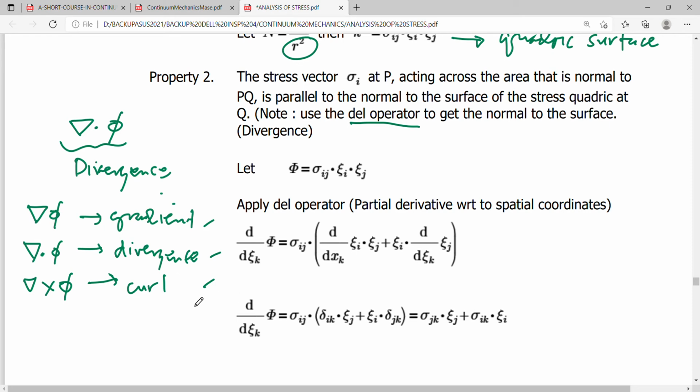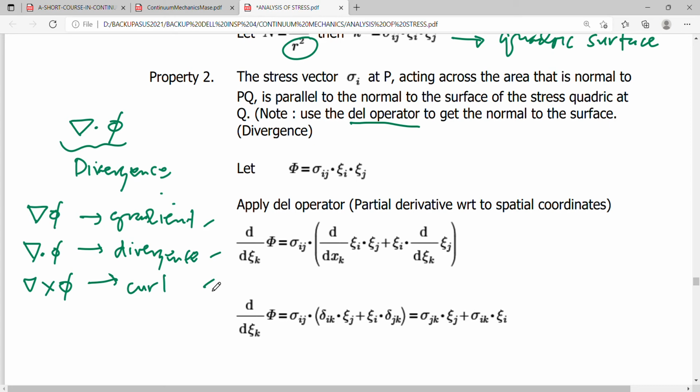And a curl has something to do with rotation, just like a permutation. It's something to do with the associations of your ijk in terms of your epsilon tensor.